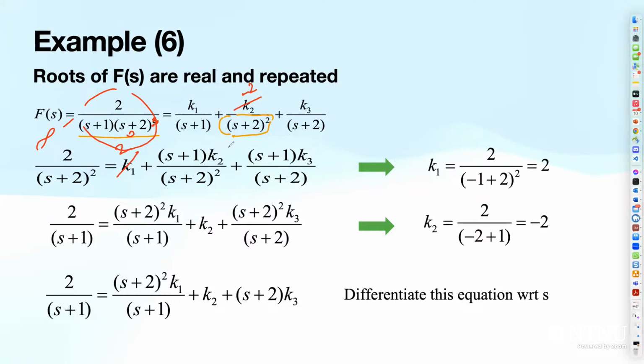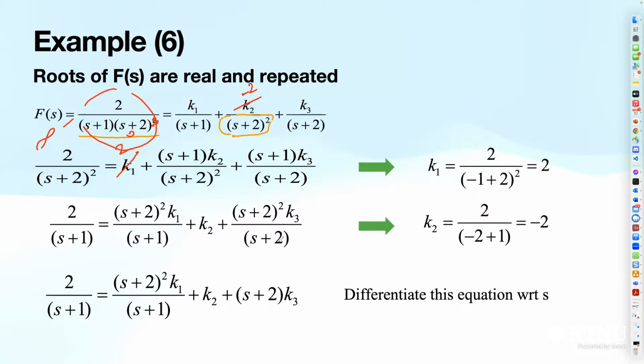When we were solving for k2, we got this equation. We multiply both sides by s plus 2. So the left-hand side will be 2 divided by s plus 1. Here we will have (s plus 2) squared divided by s plus 1, plus k2, plus (s plus 2) squared divided by s plus 2.